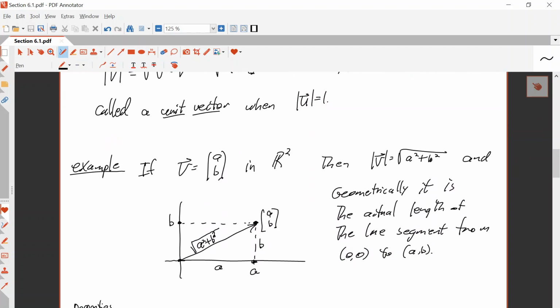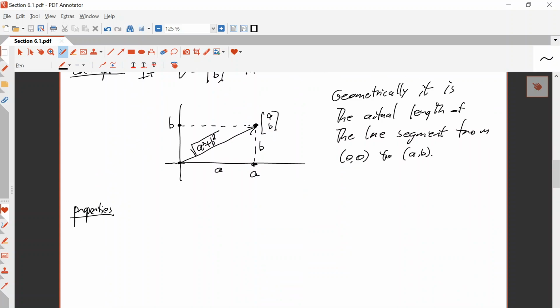Okay, so length 1 is called a unit vector. Some properties. One, if you have the length of a scalar k times vector v, that's the absolute value of k times the length of v.